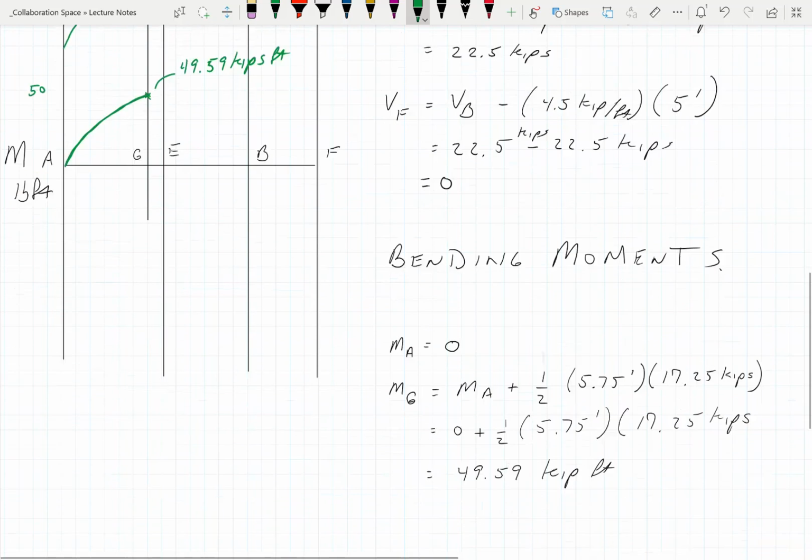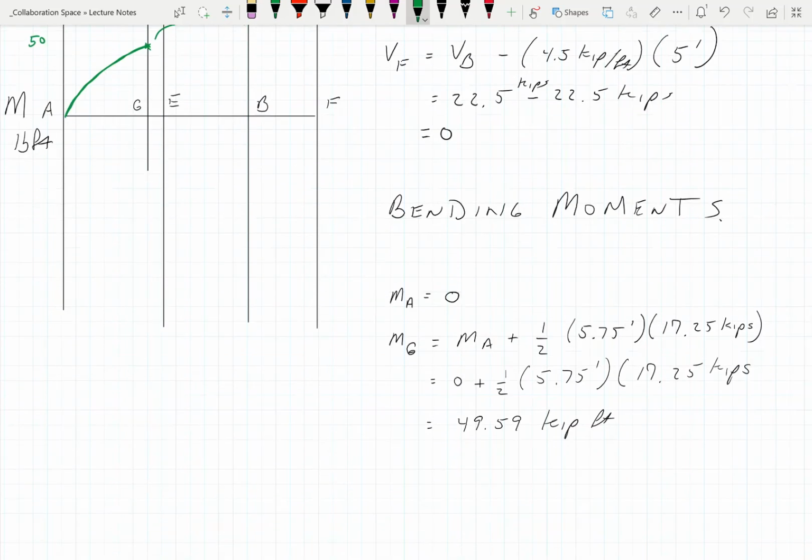All right. Now we need the moment at E, and that's going to be M at G minus, sorry, that's not it, that's our V at E times some distance. Okay, but we have a triangle there, right?